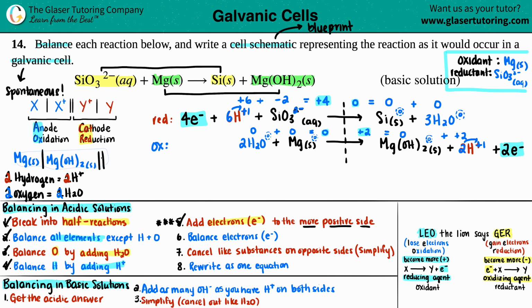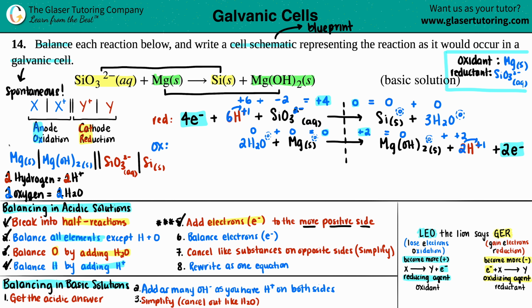Let's maybe throw this over here. The reduction one was the silicon, SiO3, turning into the Si. So SiO32-, bracket. And maybe what I'll do is I have to put the state, so I'll leave a little room. That was aqueous. And then silicon, solid, and you're done.